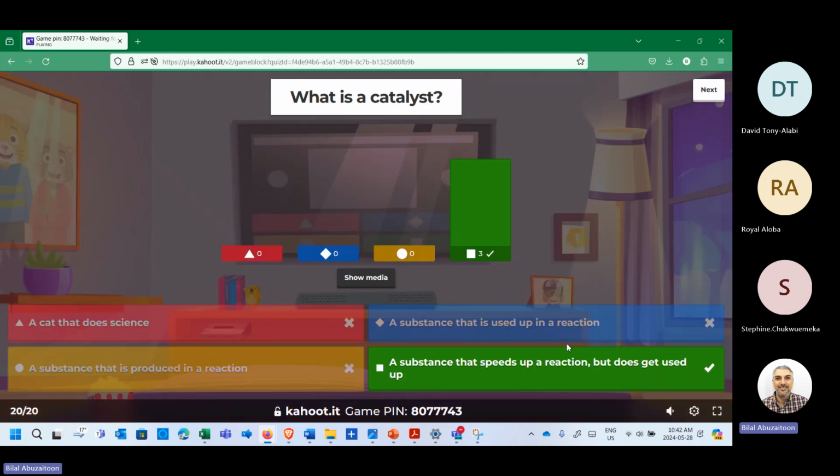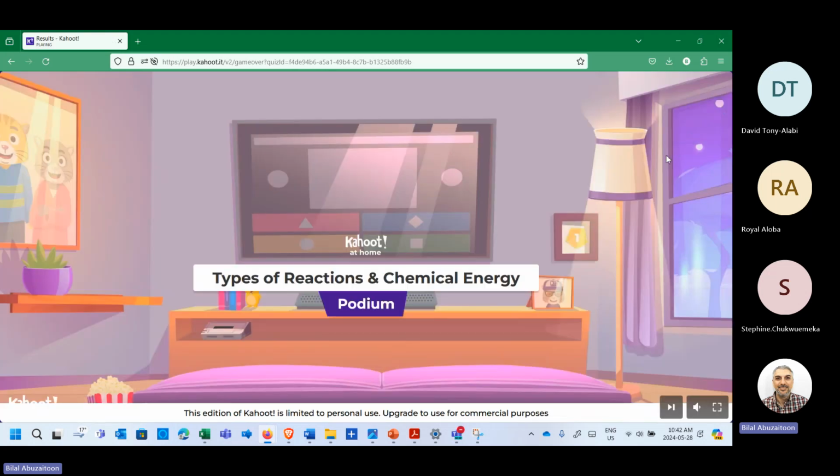All right. A catalyst speeds up a reaction and doesn't get used. Yes. If it's used, or if we use even part of it, it will be part of what? Reactants. Yes, it will be one of the reactants. Excellent, guys. Thank you so much.